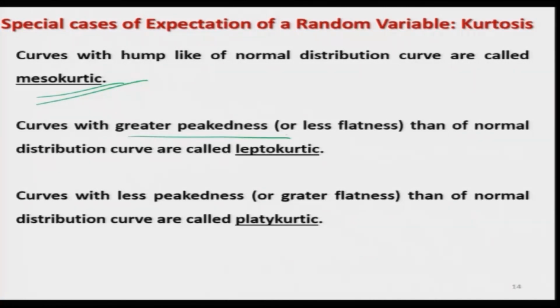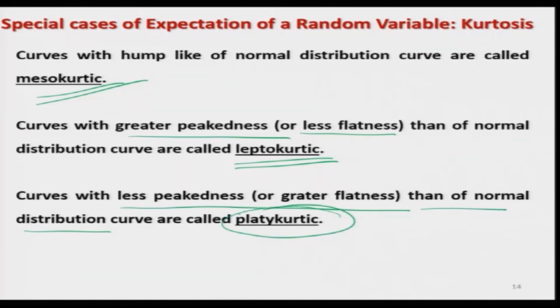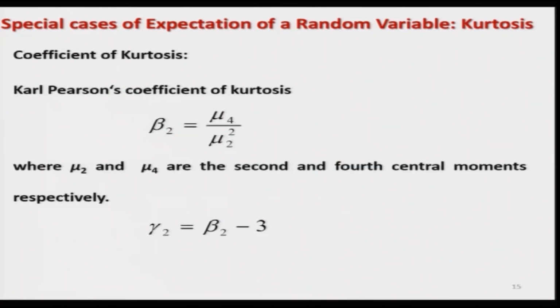Curves with greater peakedness or less flatness than the normal distribution curve are called leptokurtic, and those curves which have less peakedness or greater flatness than the normal distribution are called platykurtic. This is the basic definition of kurtosis, and this is how we try to divide the curves into these three categories. Now, the question is how to measure this property.